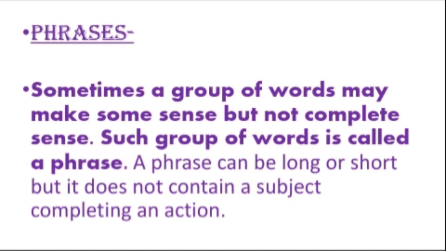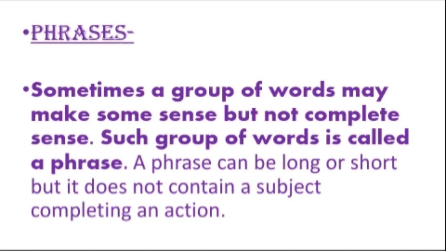What is a phrase? Sometimes a group of words may make some sense, but not complete sense. Such a group of words is called a phrase. A phrase can be long or short, but it does not contain a subject completing an action. Is it clear to all?